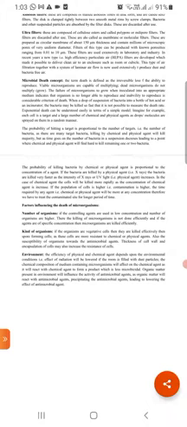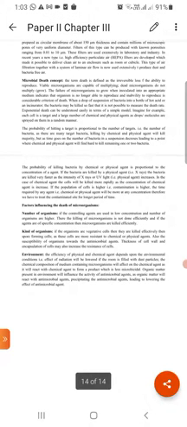The probability of killing bacteria by a chemical or physical agent is proportional to the concentration of the agent. If bacteria are killed by a physical agent, they are killed very fast as the intensity of X-ray or UV light increases.